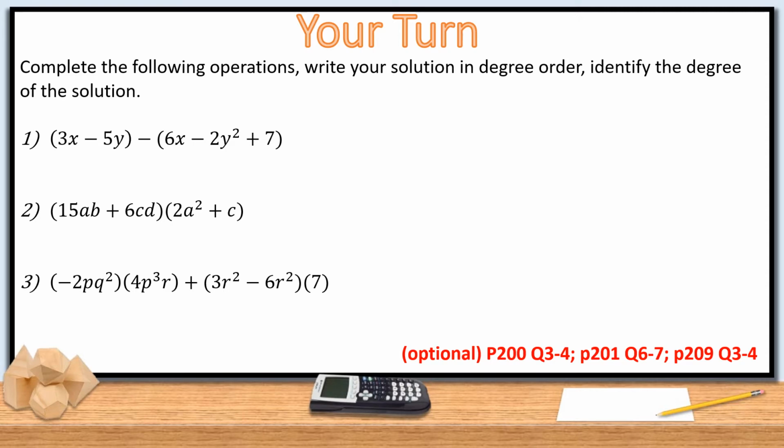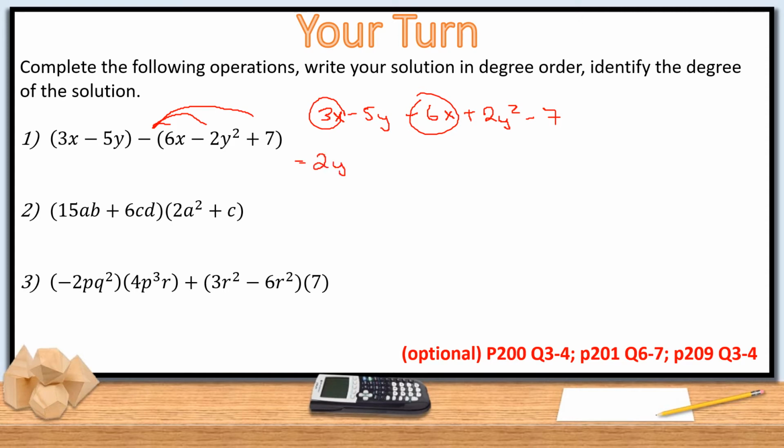Okay, let's take a look. So we know when we do subtraction, we have to distribute the negative to every term that's being subtracted. So this would be 3x minus 5y minus 6x plus 2y squared minus 7. Things that can be combined are the 3x and the minus 6x. The highest degree is 2y squared. It has a degree of 2. So that's going to go first in my answer.